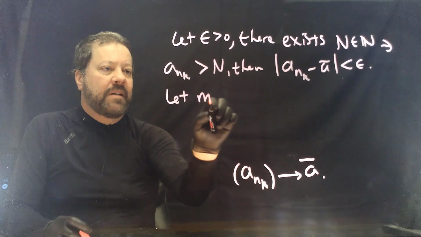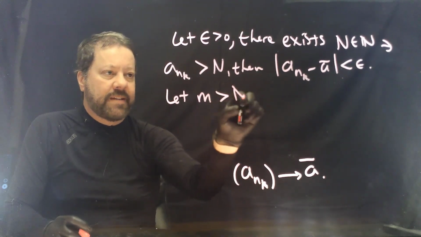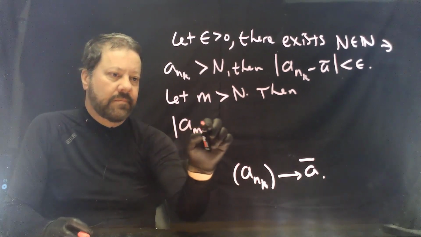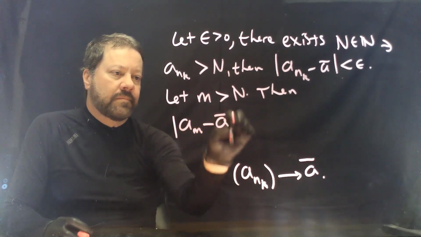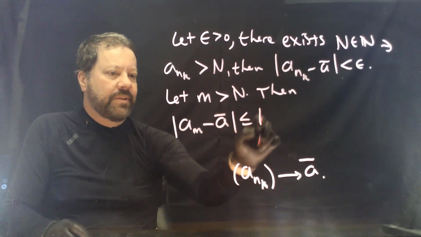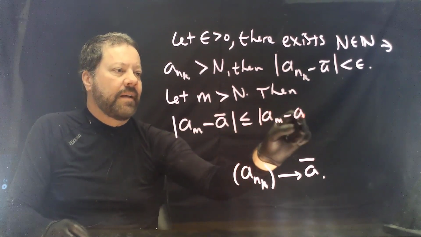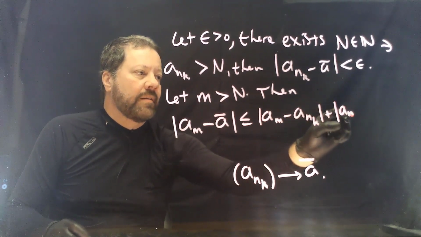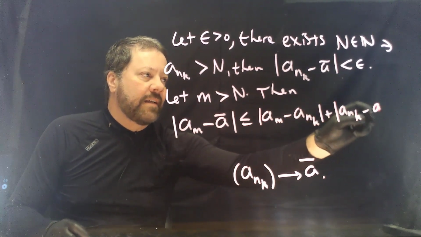We'll let m be also greater than this N. We get less than or equal to |a_m minus a_(n_k)| plus |a_(n_k) minus a bar|.